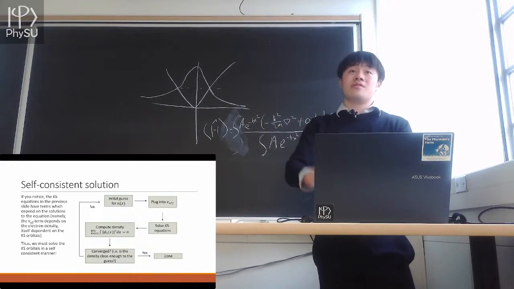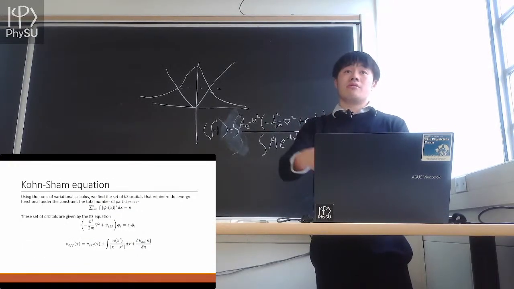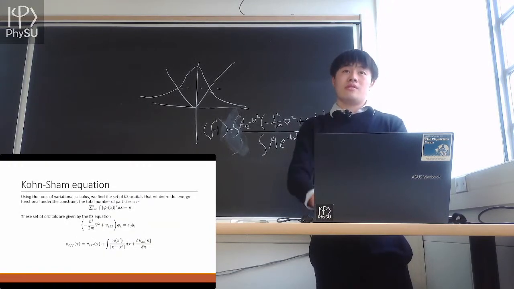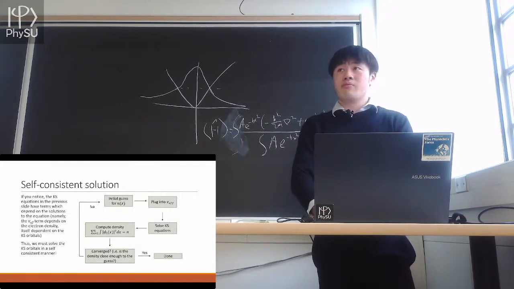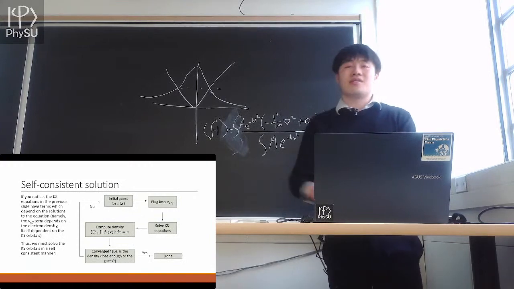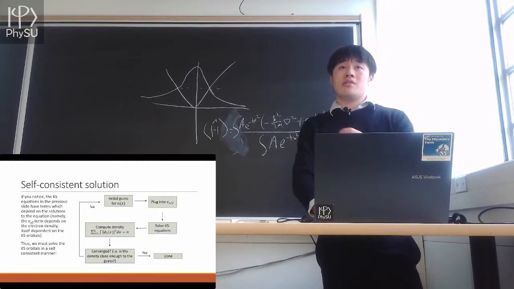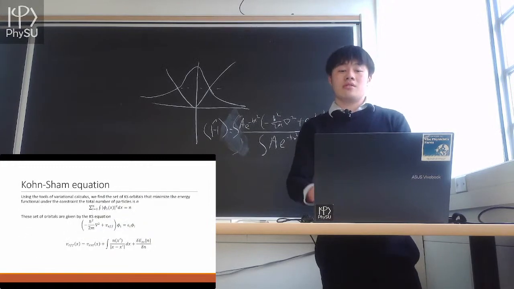Then this new density goes into the Kohn-Sham equation again, and you re-solve with this new density plugged in. You keep going in this cycle until you reach convergence, and that's why it's called self-consistent field theory, because the field is self-consistent with the electron density.